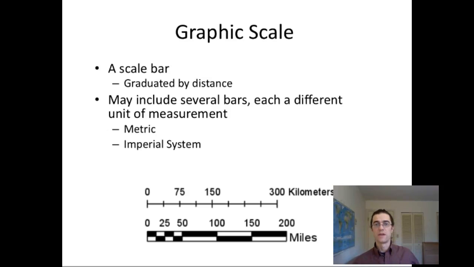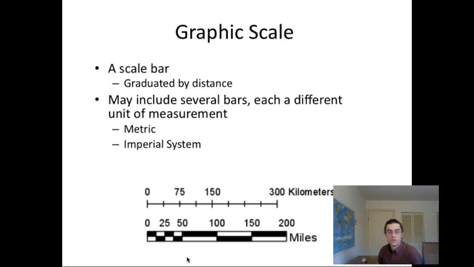And so yeah, the graphic scale is portrayed by a scale bar. Most of you have probably seen this somewhere on the map, usually in the key. On this map, this is a 1 to 33,120,000, or 1 inch equals 523 miles.